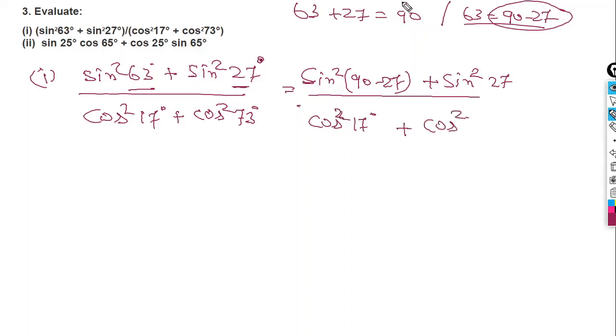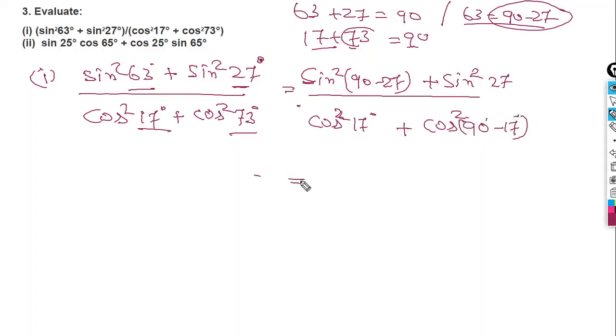Look at it again here, 17 and 73, you see 17 plus 73 is also equal to 90. So instead of 73 we can write 90 minus 17. So cos square of 90 minus 17 degrees.